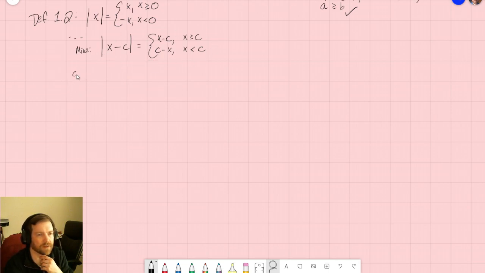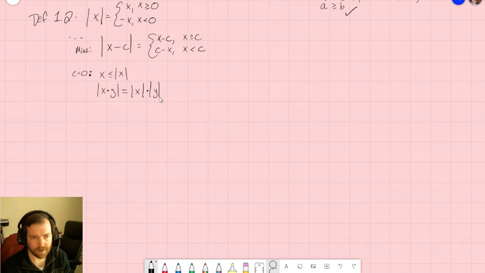If we let c be 0, this gives us the things from up above: x is less than or equal to the absolute value of x in all cases, and the absolute value of x times y is equal to the absolute value of x times the absolute value of y.